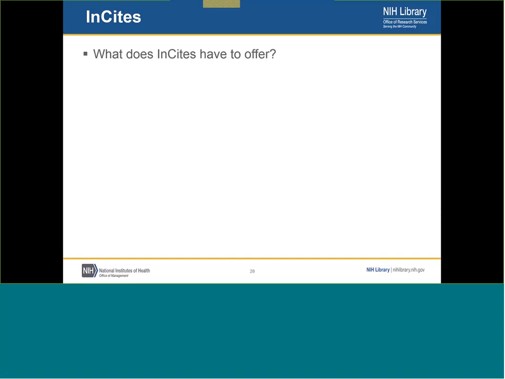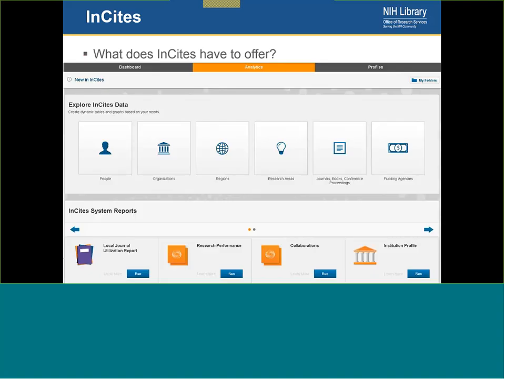So what does Insights have to offer when we do bibliometric analysis? This is the platform or the portal page when you go into Insights right now. They're going to change it this year, so you're going to see something different, but currently it looks like this. Remember when you save your data to Insights, you have access to Insights right now.